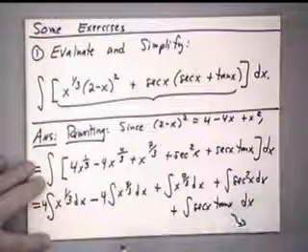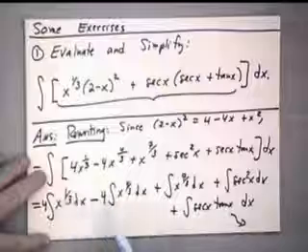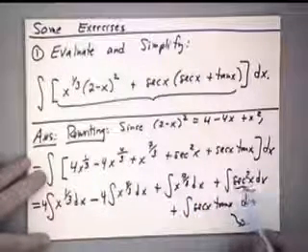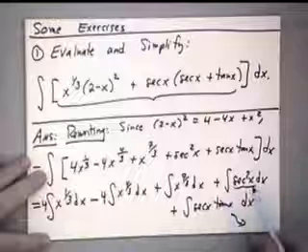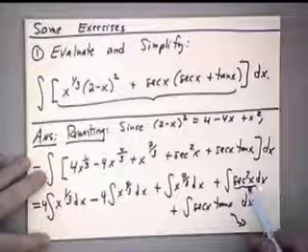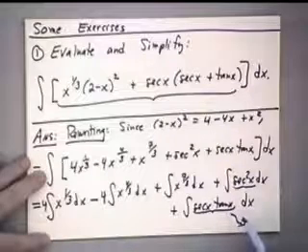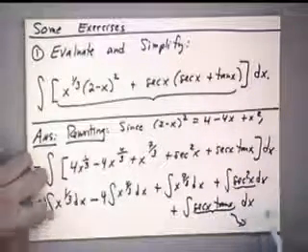Now I'll have to continue on here, but you may have noticed already I have 3 powers of x. Those are easy to do. Secant squared should be ringing a bell as the perfect derivative of tangent of x. Likewise, secant tangent should be ringing a bell as the perfect derivative of the secant function.